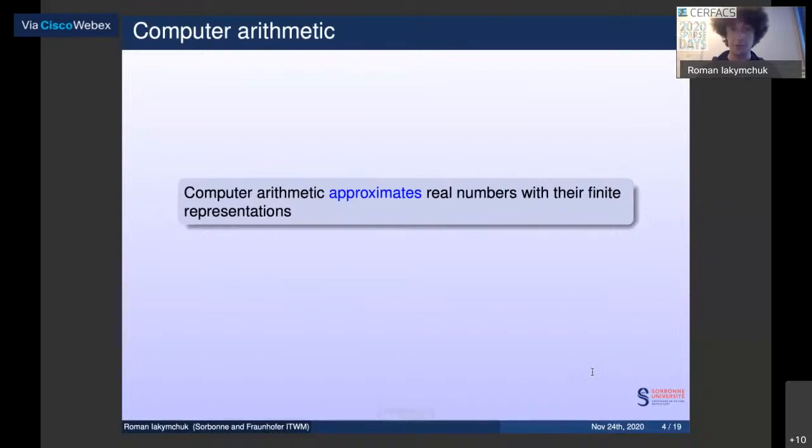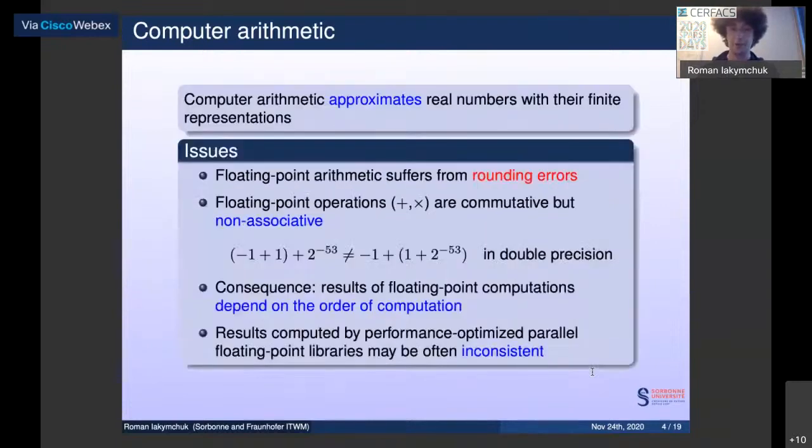This example makes it clear, and it also means that the result of floating point computations in a parallel environment, with different architectural settings, scheduling policies, etc., depends on the order of computations. Furthermore, parallel implementations converge to the solution, but they may produce slightly different or significantly different results.